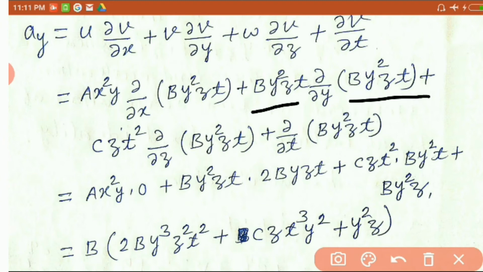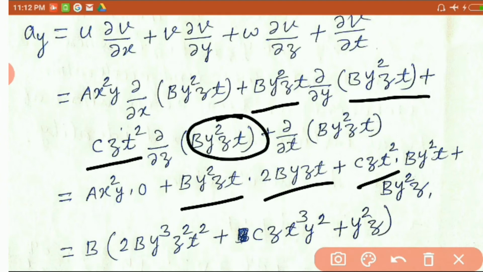So 2byzt, and this b y square z t as it is here. Now plus c z t square as it is. Derivative of this with respect to z is b y square t, here b y square t, plus derivative of this with respect to t is again b y square t.